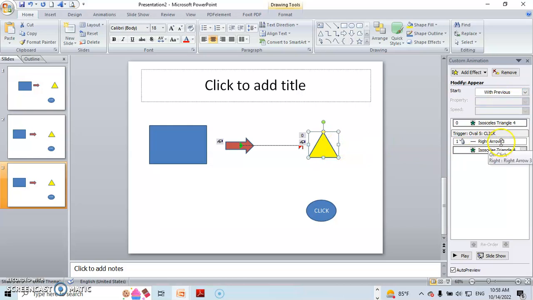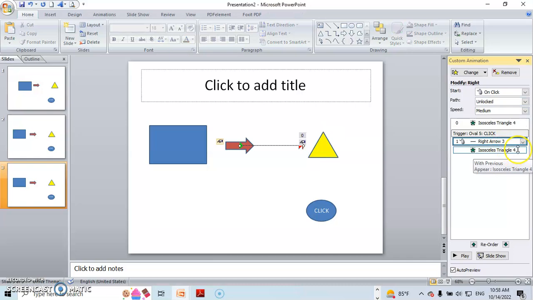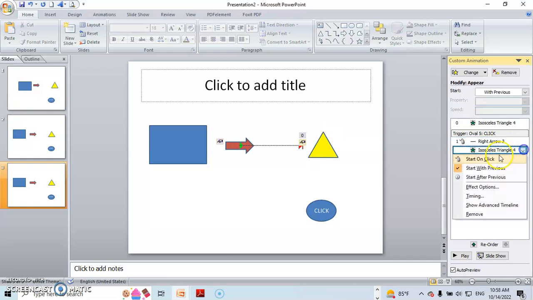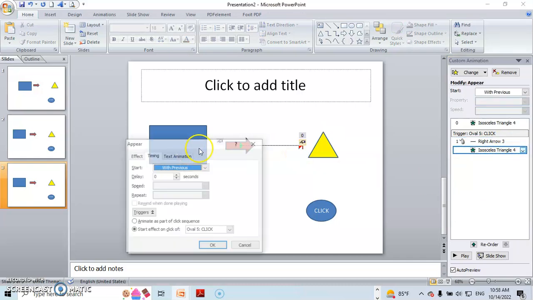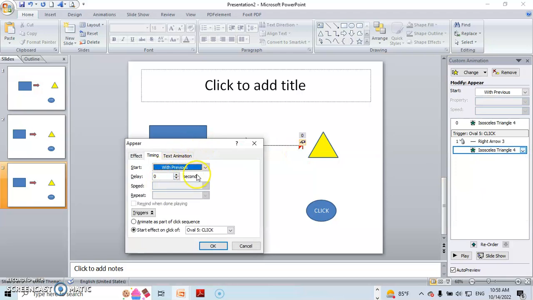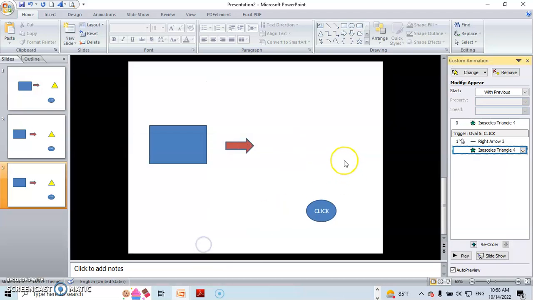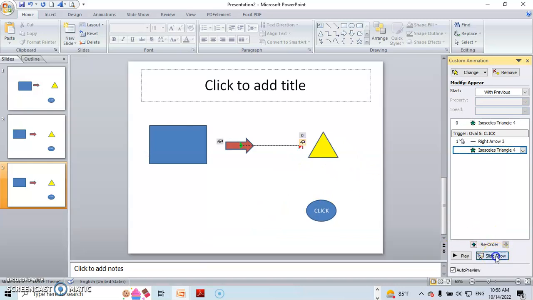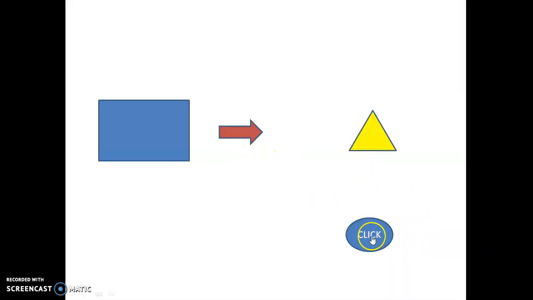Okay, with previous, and I need to change this to have a delay of 2 seconds here. Let's try 2 seconds. Okay, so it will not disappear after that. So I'm going to click the trigger, it will go to the cheese, it will disappear, and then go back.